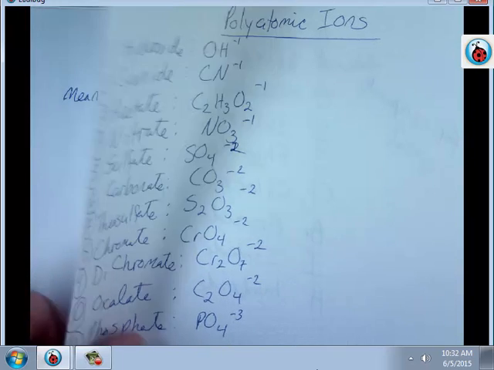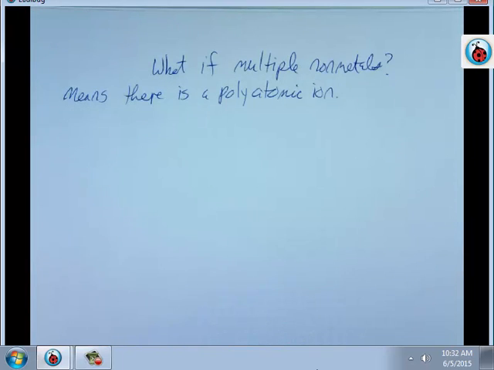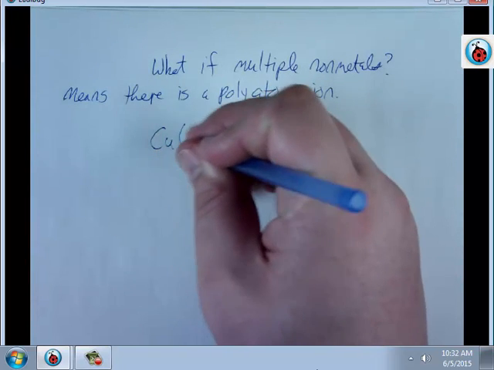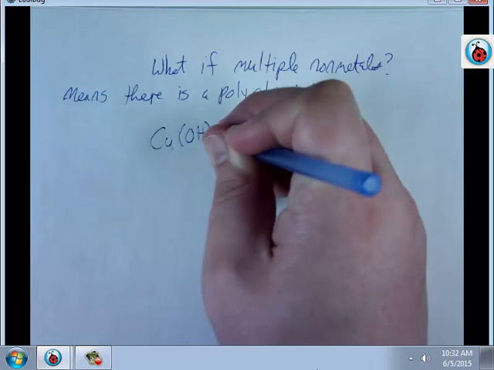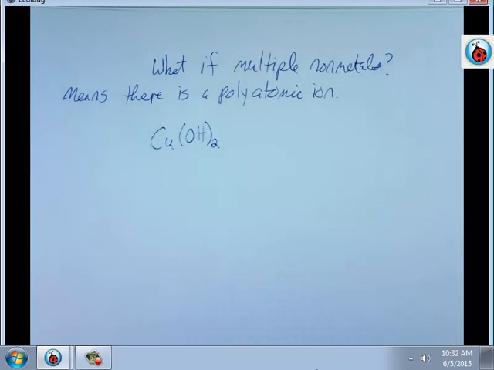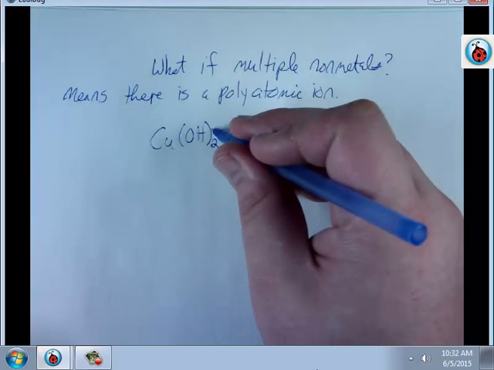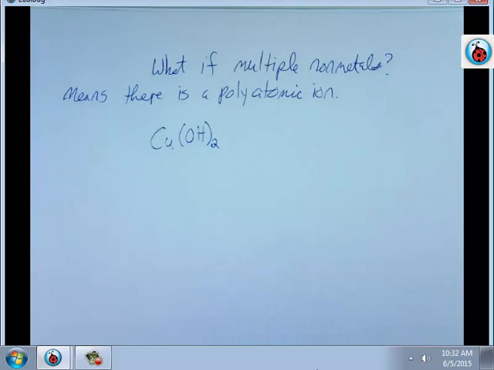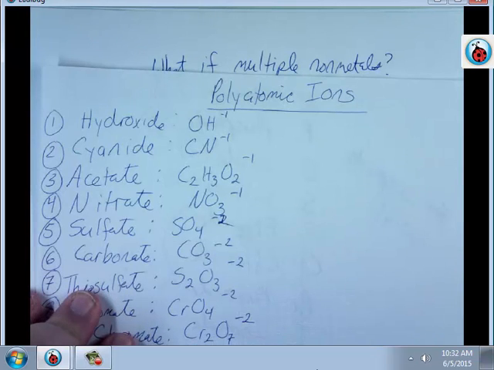Now let's say you have something like this: Cu(OH)2. Same as before, I'm going to look up the charge of OH, and I see that's hydroxide, OH, and it's -1.